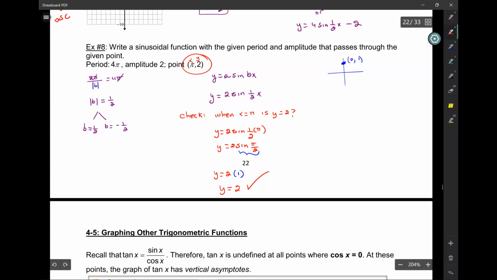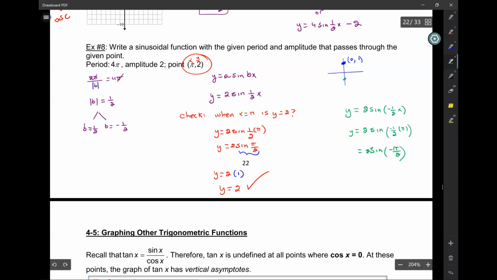Would it have worked had we done y equals 2 sine negative 1/2 x? Let's see. y equals 2 sine negative 1/2 times pi, so 2 sine negative pi over 2.